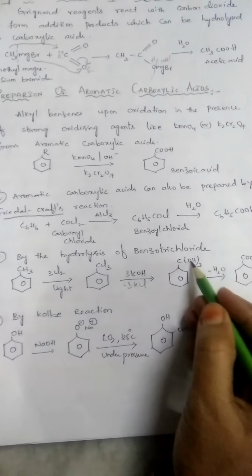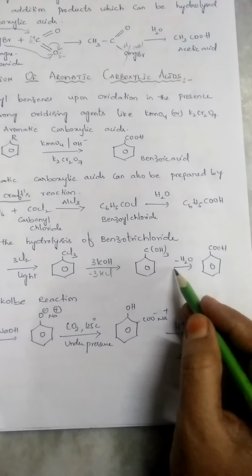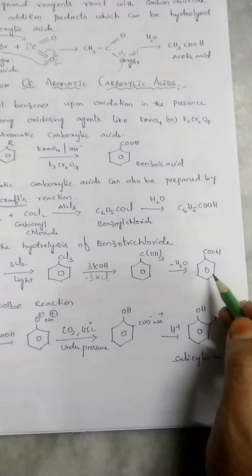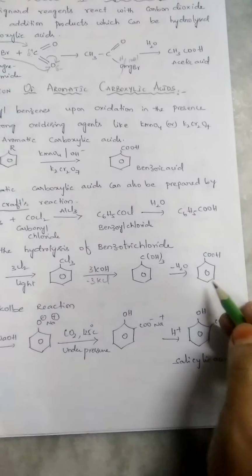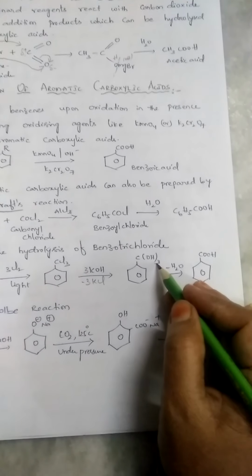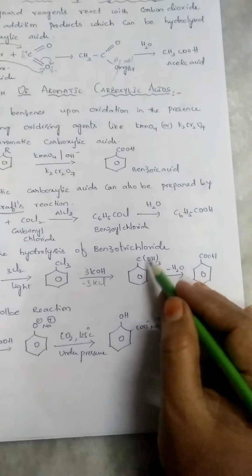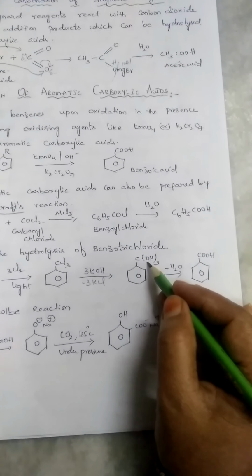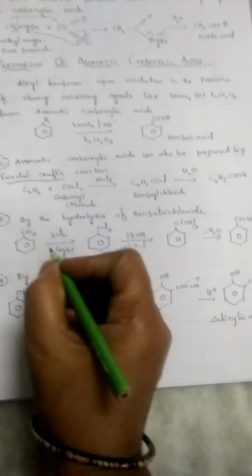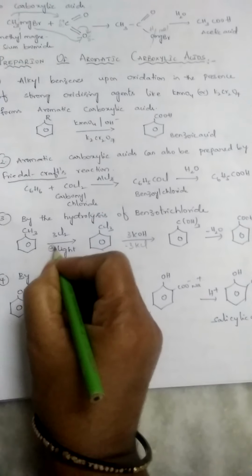So C(OH)3. This compound again loses water and forms benzoic acid. Losing H2O means 2 hydrogens are removed and 1 oxygen is removed. So what is pending here? 2 oxygens are pending and 1 H. So that's why COOH. You need to remember one thing here: in the presence of light.